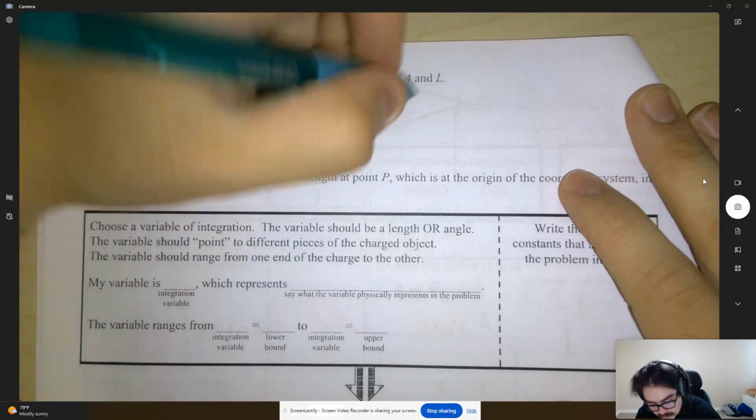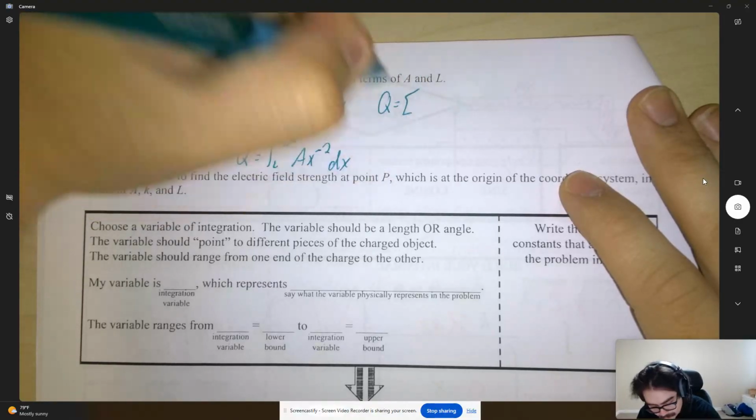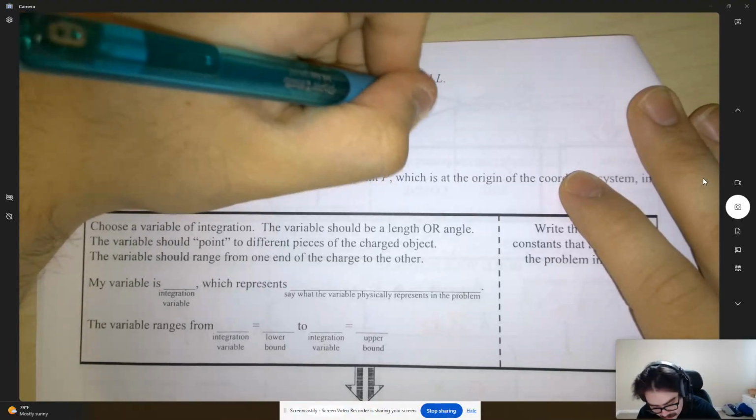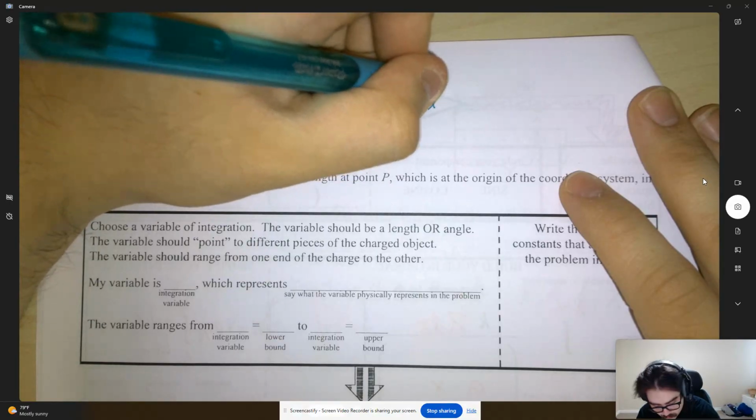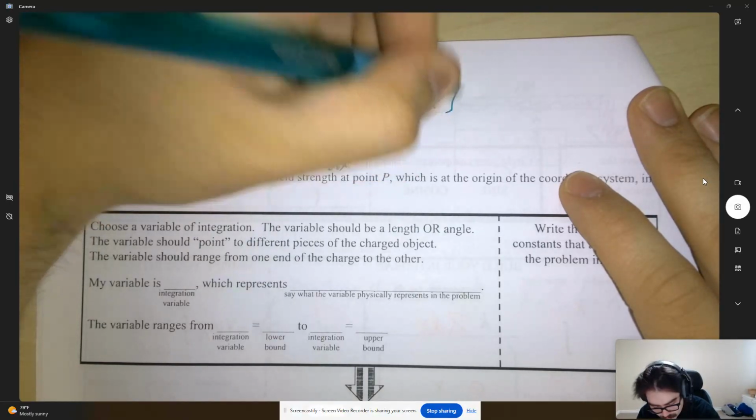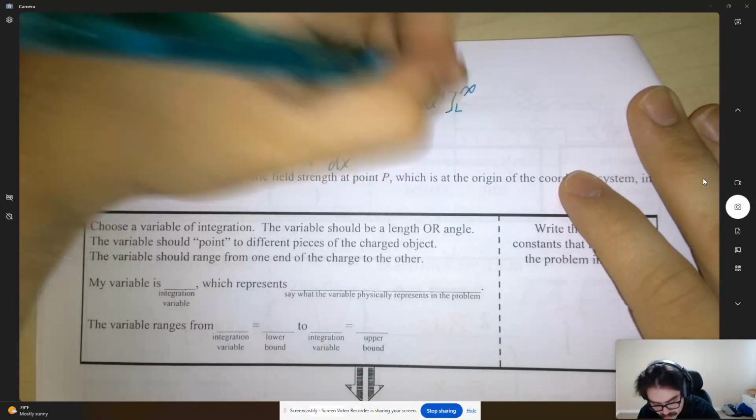When I integrate this, I end up getting negative A x to the negative 1 power from L to infinity.